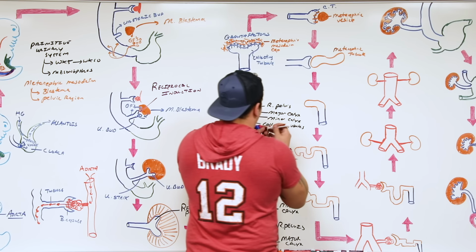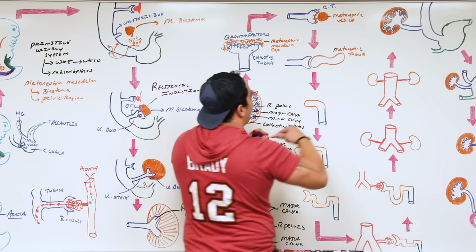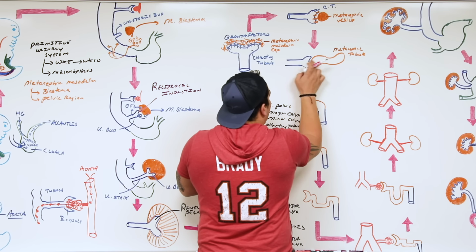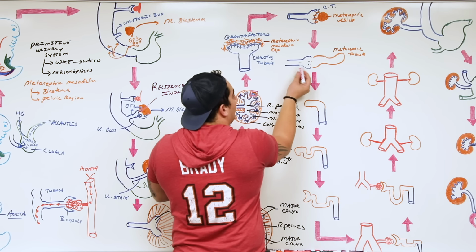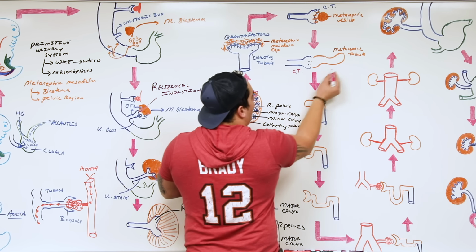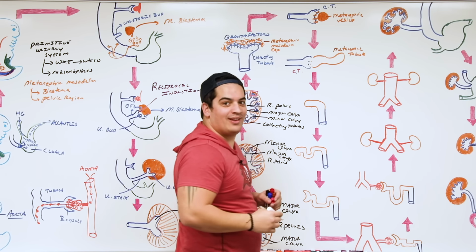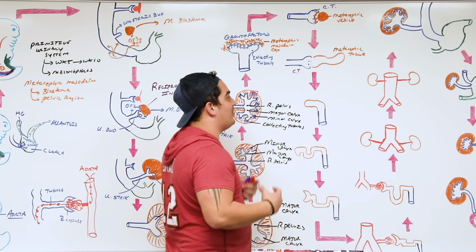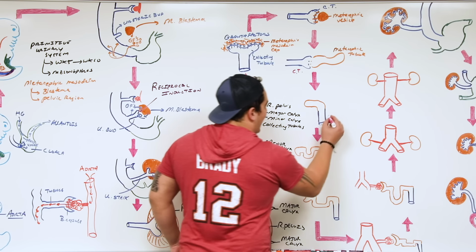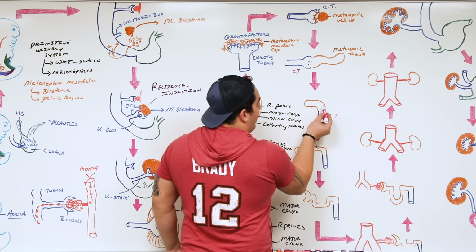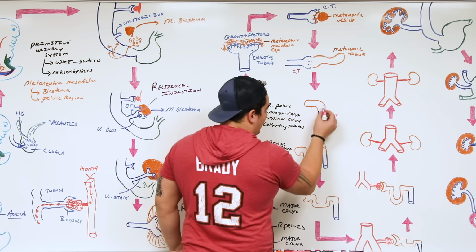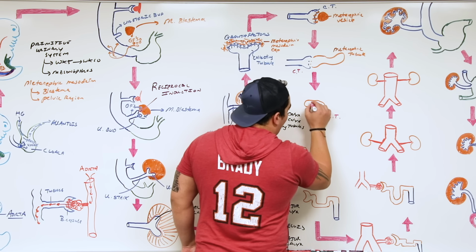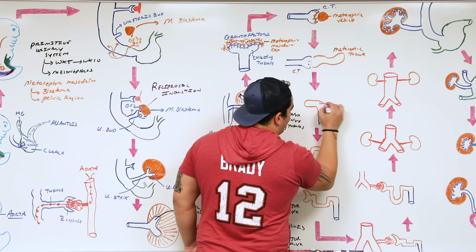And then you start having a connection between the collecting tubule and the metanephric tubule. And once they fuse, they begin the production of the nephron. So here we're going to have the collecting tubule. That metanephric tubule, when it connects to the collecting tubule, we now give this structure here a very special name.